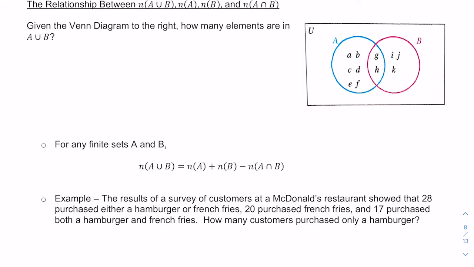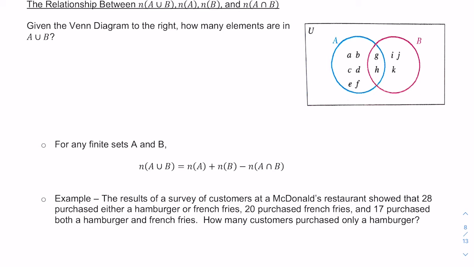Now we're going to look at what's the relationship between the cardinality of A or B, of A, of B, and of A and B. So given the Venn diagram to the right, how many elements are in A or B? Remember, you can pause the video and write down an answer and then unpause when you're ready.